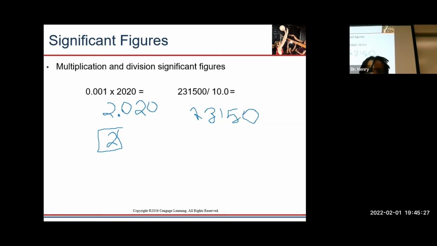Okay. So how many sig figs should I have? Okay, so my answer should be 230. Or is it 2? Are you sure? 231 or 232?